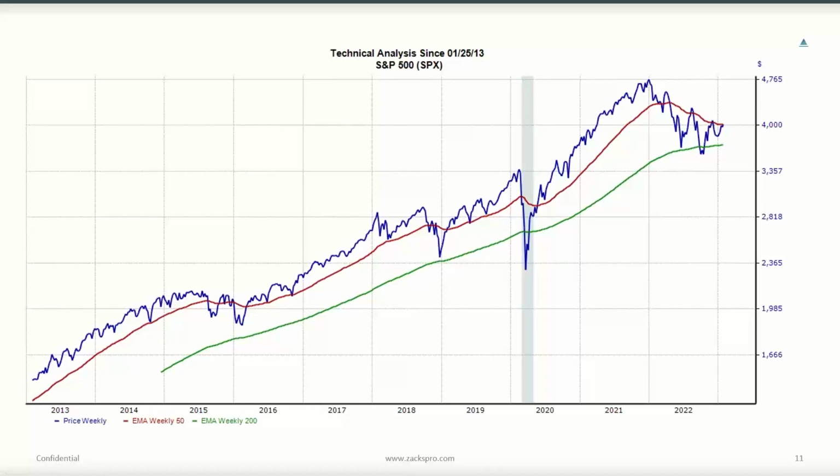Every time the 200-week moving average has been tested, the market has bounced back. And that's roughly, I would say, 10 out of the last 13 times. So out of the last 13 bear markets, 10 of them have ended at the 200-week moving average.